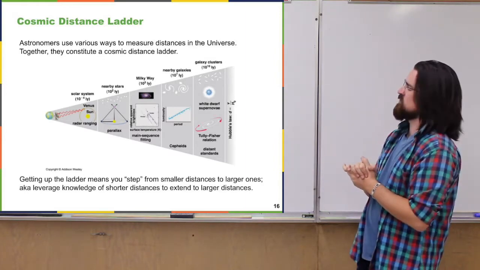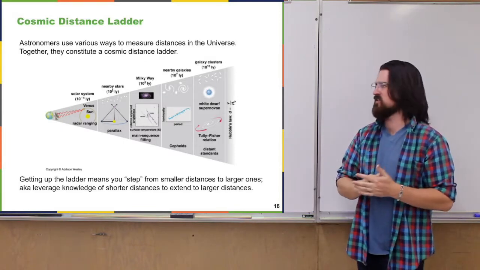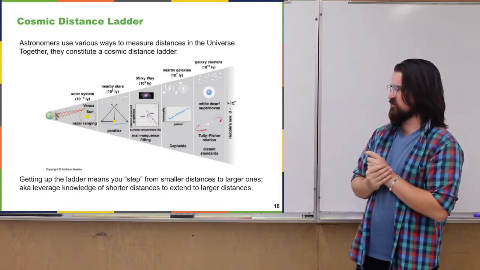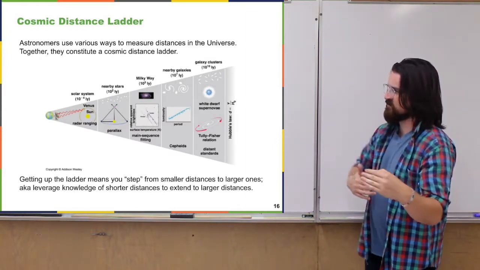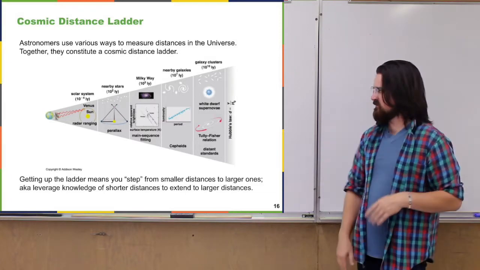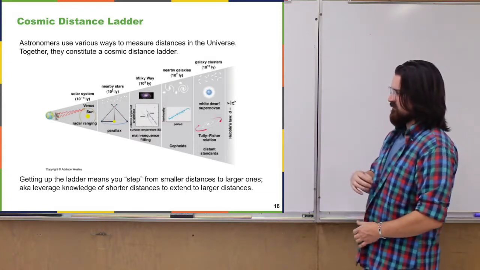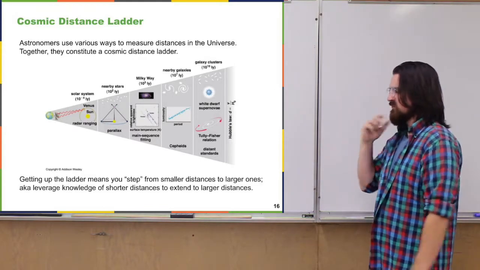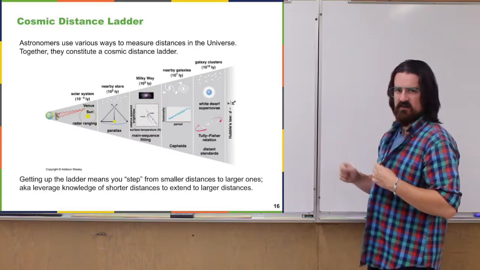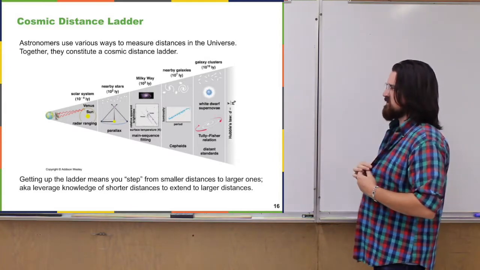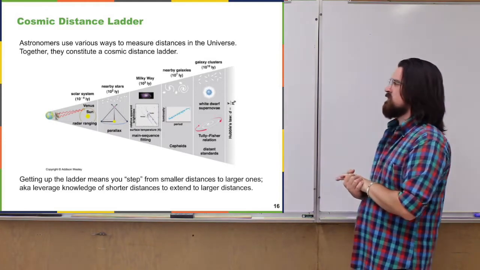This image here is showing that radar ranging, or using radar to determine distances, is really only good within our solar system. If you want to get a bit further, then we start to use parallax, which gets us to nearby stars. This technique using the HR diagram, also known as main sequence fitting, because you're plotting stars on the main sequence or on the HR diagram overall to find luminosity, works pretty much within our galaxy.